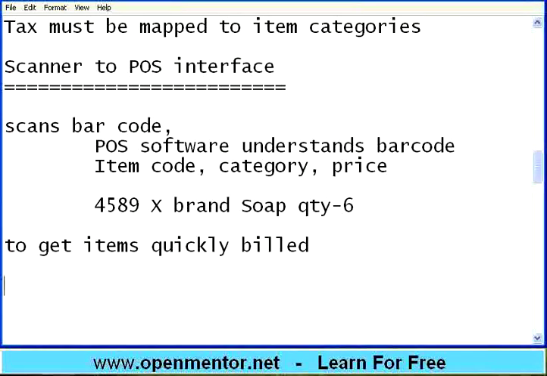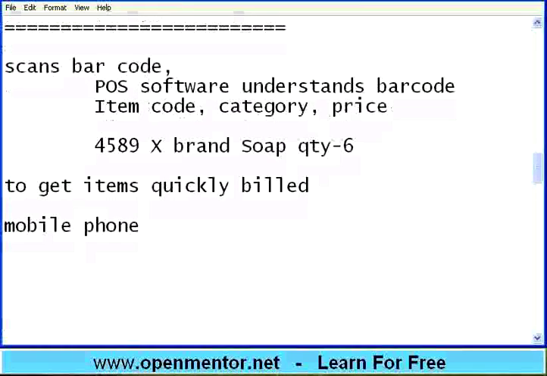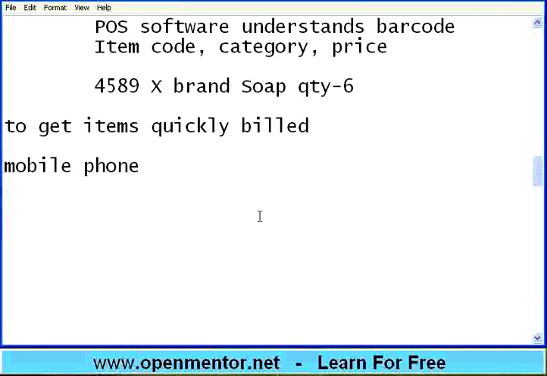Nowadays even scanners come with mobile phones. They can interconnect with a mobile phone. You just connect to the mobile phone. The moment you scan the item, the barcode and the information will be available to the mobile phone. That's also available.